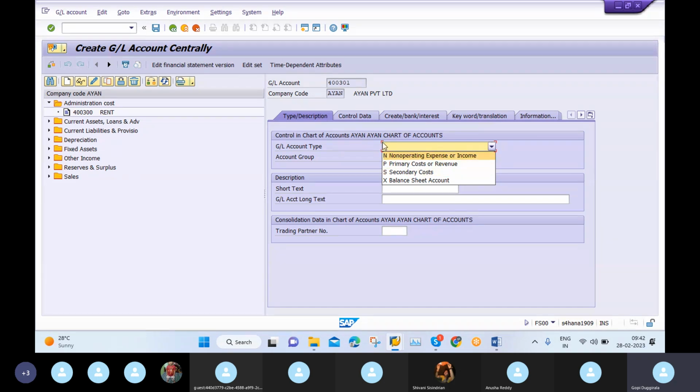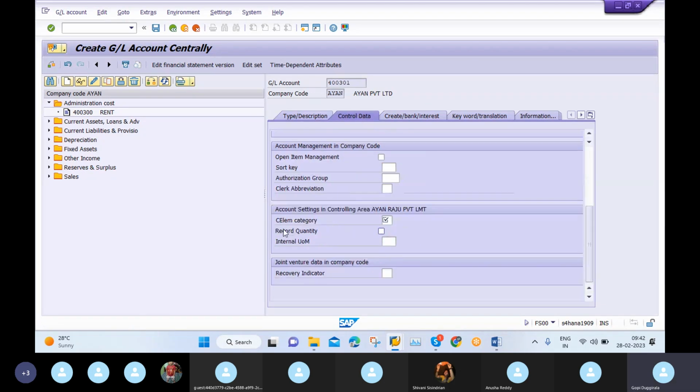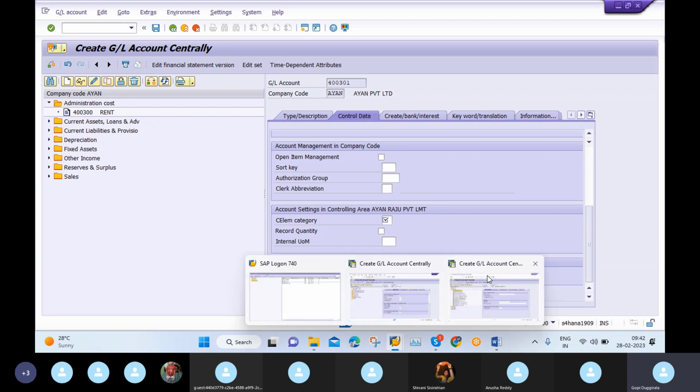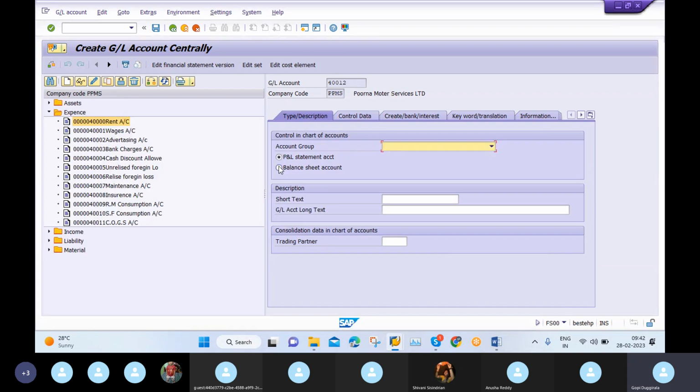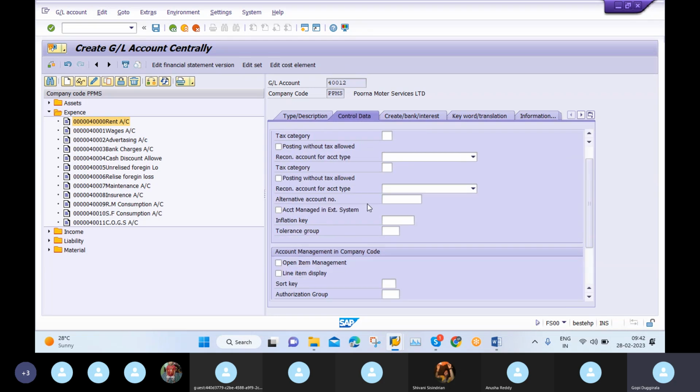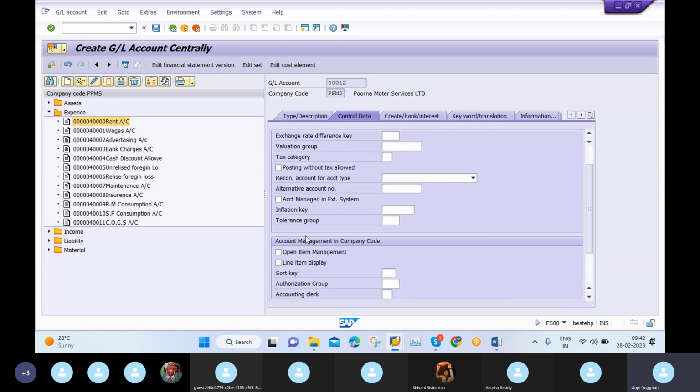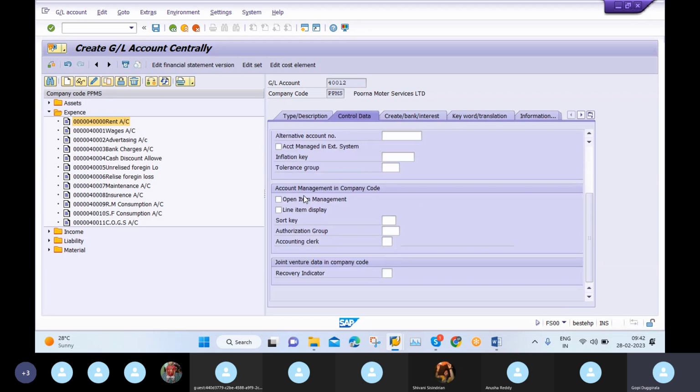And while creating these cost elements, if you go to this screen, for example, if I select primary cost element and go to this area, you can observe this is the cost element category. This is also a new change. In ECC, if I open ECC and select one balance sheet account and go to this area, you can see there is no cost element category.